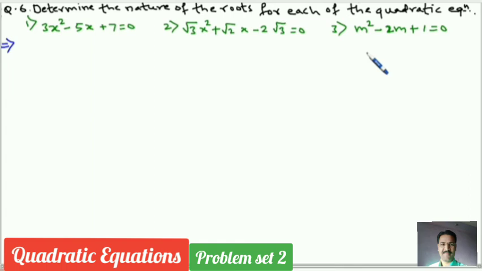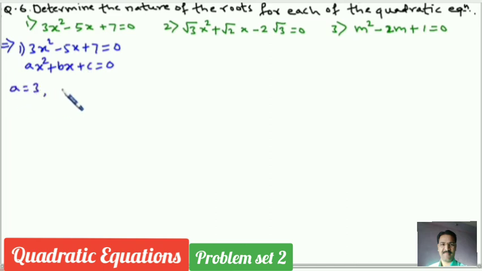Okay, let's see the first one. The first one is 3x square minus 5x plus 7 equal to 0. We'll compare with the standard form, ax square plus bx plus c equal to 0. So straightaway comparing, we get a equal to 3, b equal to minus 5 and c equal to 7.